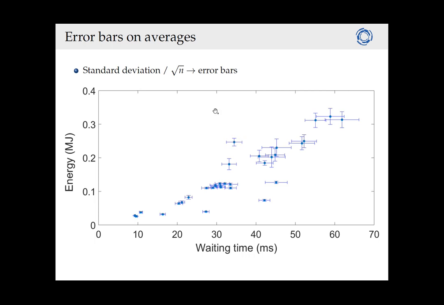What are depicted here are actually the standard deviations on the average quantities. So for each discharge we still have to divide the standard deviation of the probability distribution by the square root of the number of ELMs in each discharge, and that gives these error bars here. You also see that the error bars appear to be proportional to the measurements, so the averages themselves. So there is heteroskedasticity here, heterogeneous error bars.